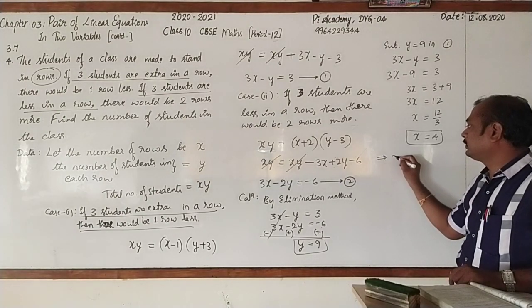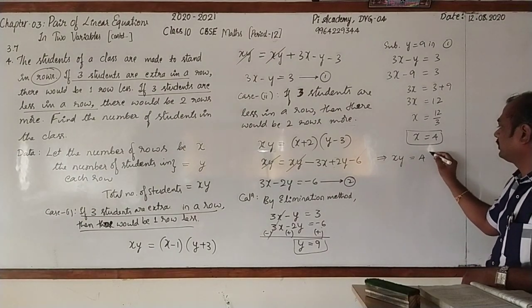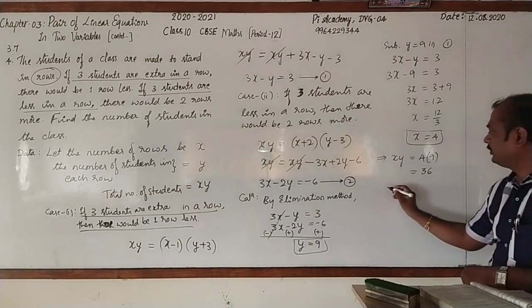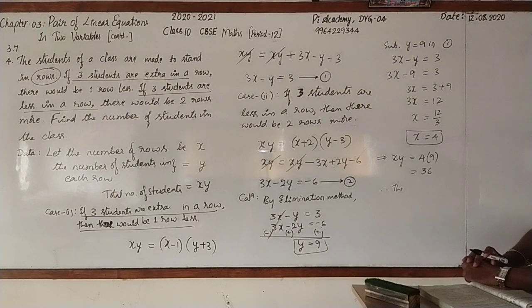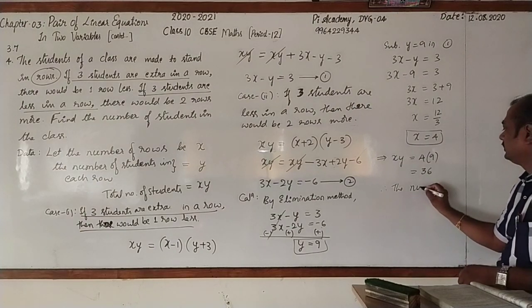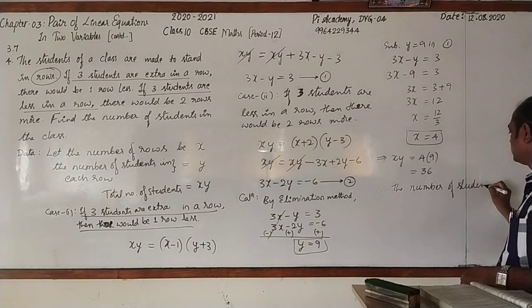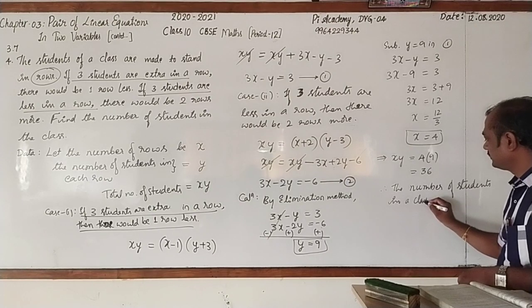You are going to find out the total number of students. It is nothing but xy, where x is 4, y is 9. 4 9s are 36. So we can write the conclusion that the total number of students in a class, therefore the number of students in a class, how much?